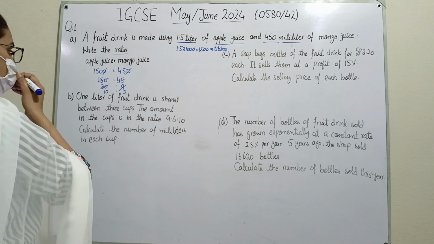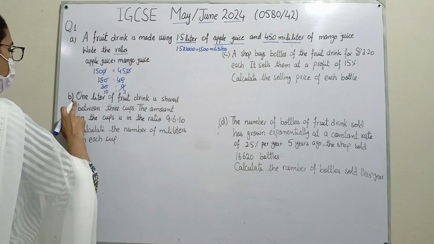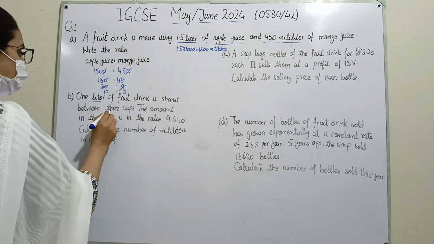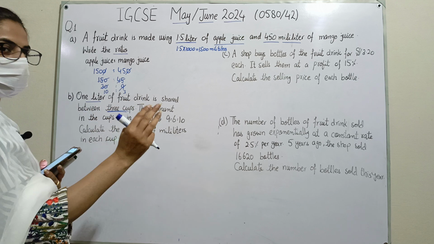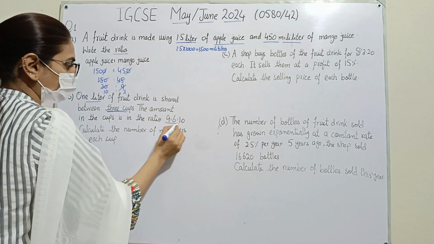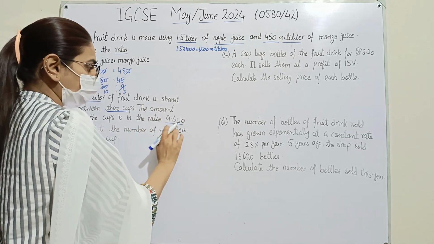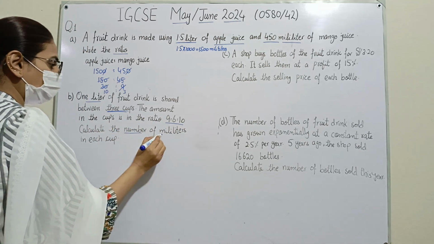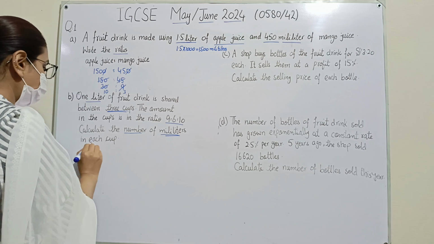Let's move towards the second part, that is part number B. 1 liter of the fruit drink is shared between 3 cups. The total number of cups is 3 over here. The amounts in the cups are given in the ratio 9 : 6 : 10. What is being demanded from you? Calculate the number of milliliters in each cup.